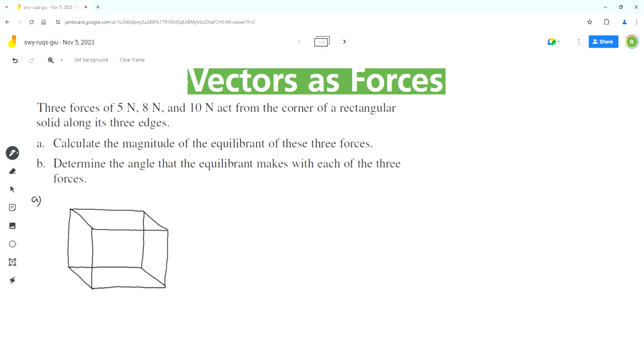Let's assume the three forces are acting from the corner O, and we can label the other corners in this shape A, B, C. Let's assume the force of 5 Newton acts along the edge OA. The force 8 Newton acts along the edge OB, and the force 10 Newton acts along the edge OC.